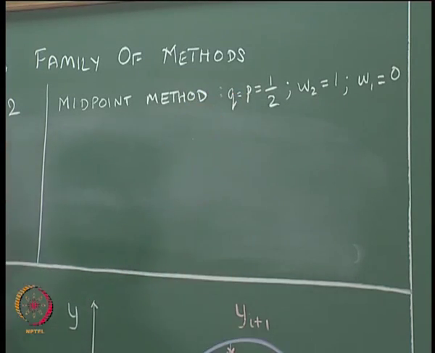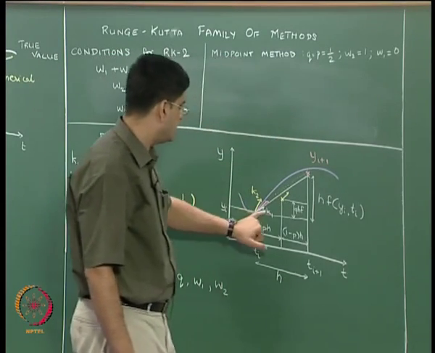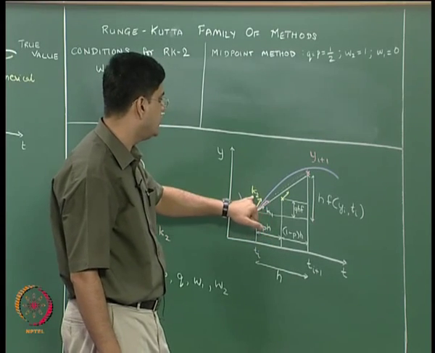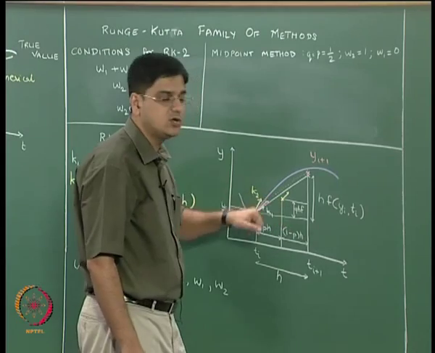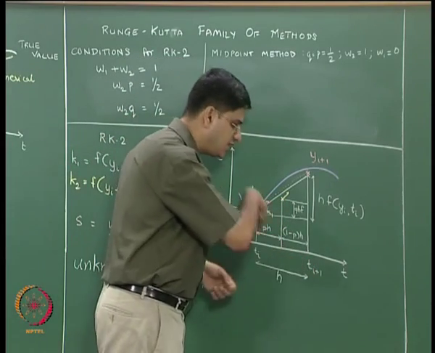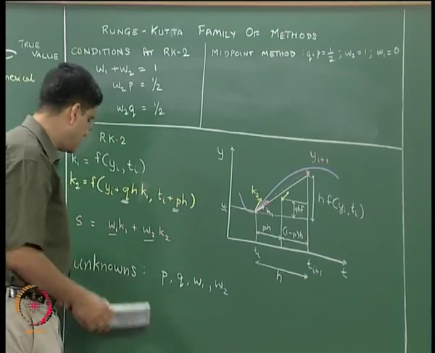So q is going to be equal to p is going to be equal to half. So the midpoint method that we talked about yesterday was that we discard the k1 completely, we only use k2, okay, and we are calculating k2 at the midpoint between ti and ti plus 1. That was the midpoint method that we obtained.